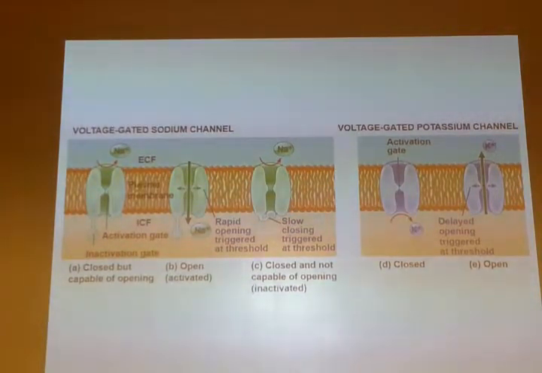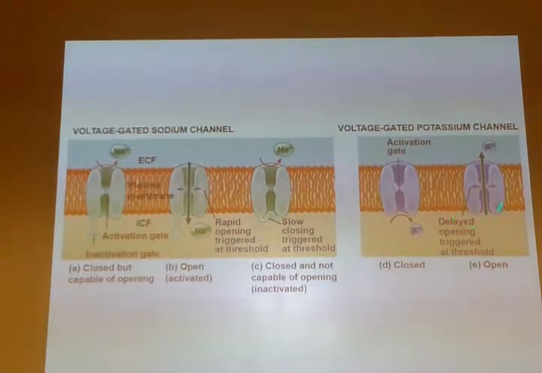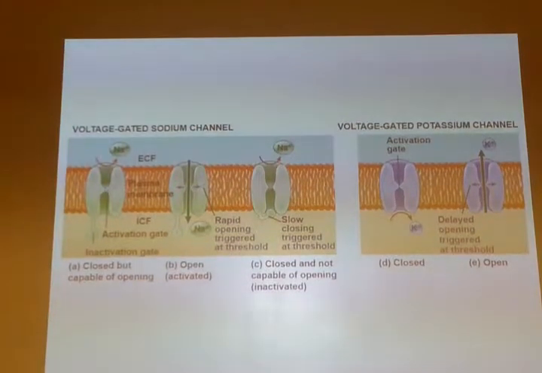When they open, then potassium leaks out very quickly, and the membrane becomes even more negatively charged inside and more positively charged outside. This is bringing the inside of your cell back towards the minus 70 resting membrane potential. These stay open longer than they need to.